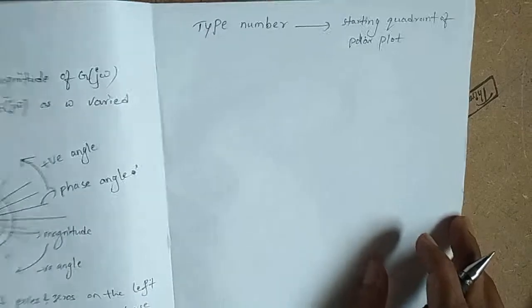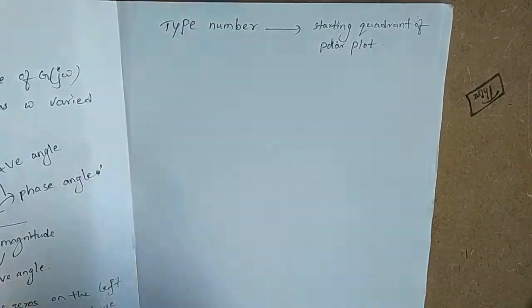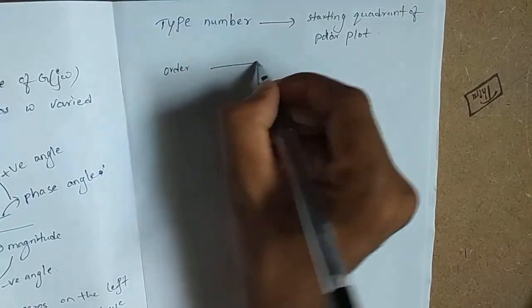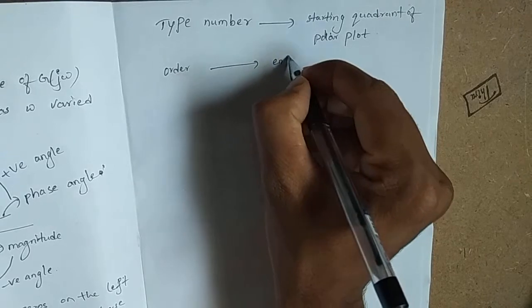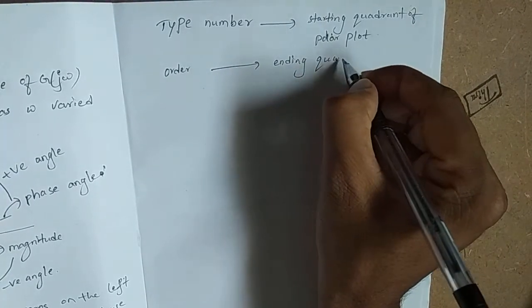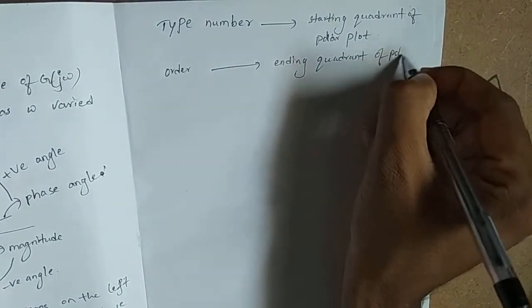It is very important. Type number determines the starting quadrant of the polar plot, and order determines the ending quadrant of the polar plot.